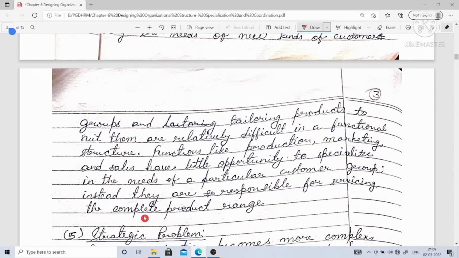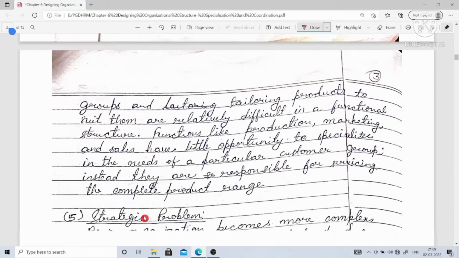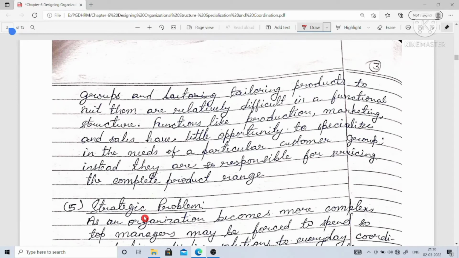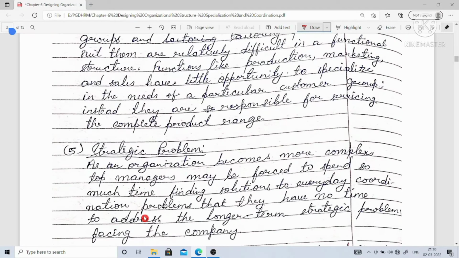They are responsible for all customers and not any one particular group. That's why it is difficult for different functions like production, marketing and sales to service different groups of customers.